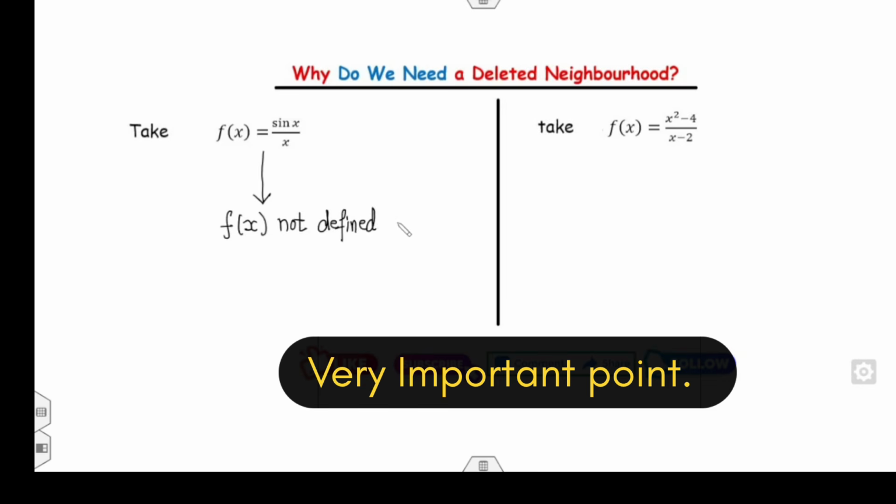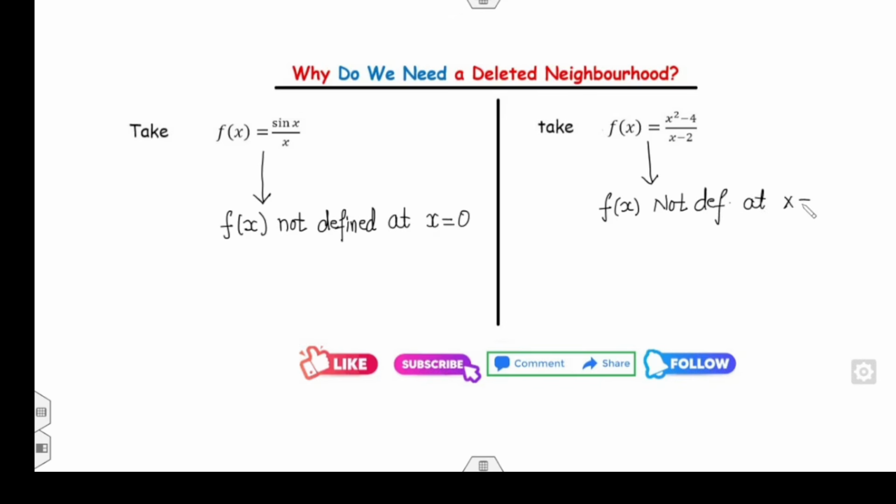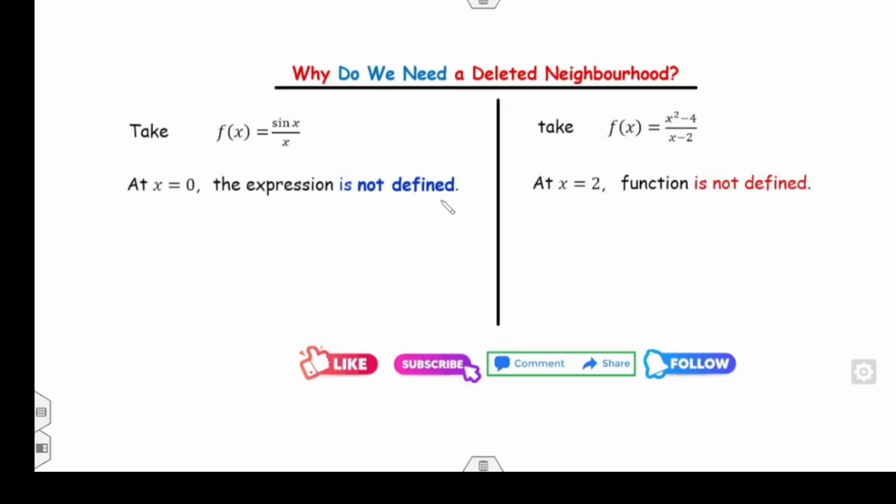Similarly, the right hand side function is not defined at x equal to 2. यही तो है ना? The left hand side function is not defined at 0 and the right hand side function is not defined at x equal to 2.